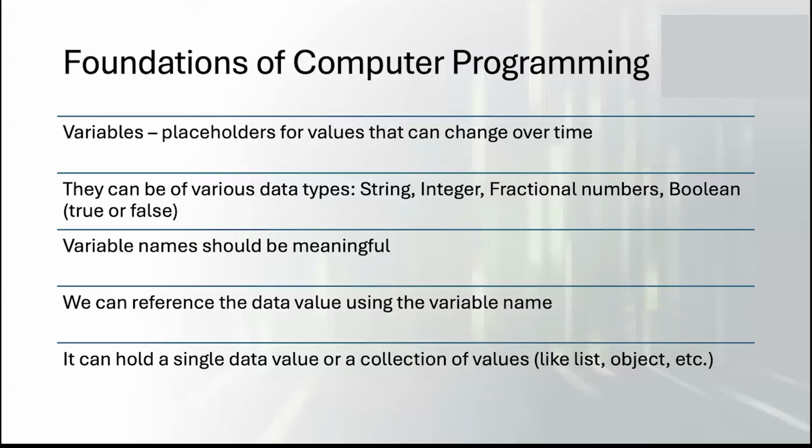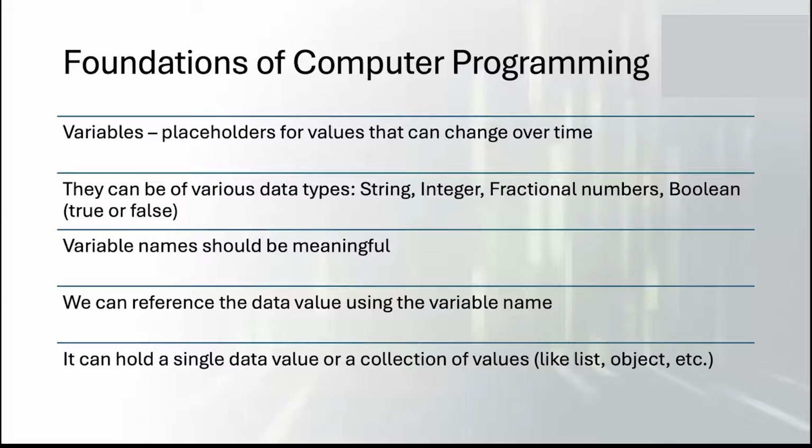Variables can be of many different data types. It could be a string, like our names, they're strings, or an integer, or fractional numbers like floating point or double numbers, or Boolean values. Boolean values are a special type that are either true or false.